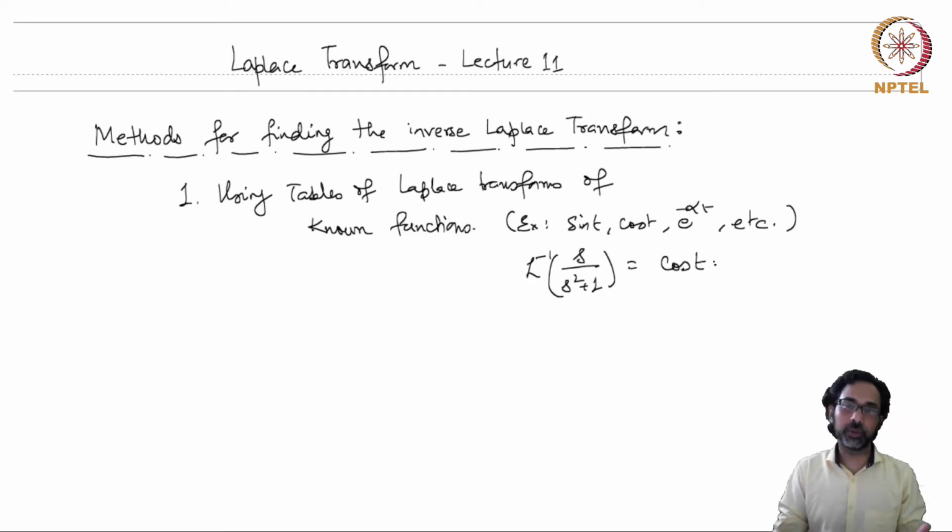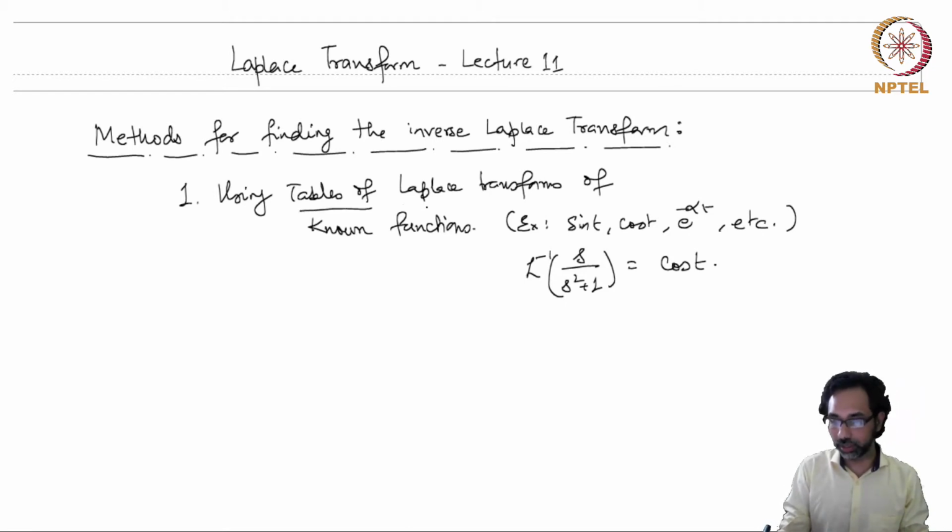So we have computed the Laplace transform for many elementary functions like this, and if our function is in a known form, then we can immediately look up its inverse from a table of known Laplace transforms of known functions.